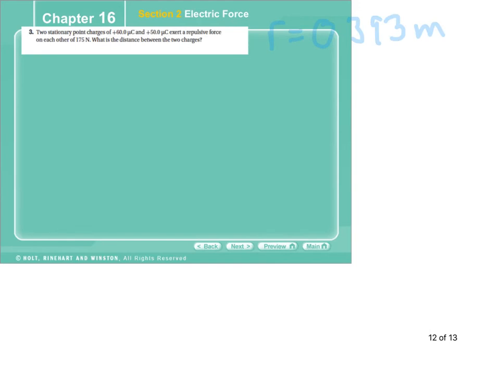So, again, our base formula was the electric force equal to Kc times Q1, Q2 divided by R squared. If we want to find the R squared, one simple thing is rearranging the formula, you might remember.